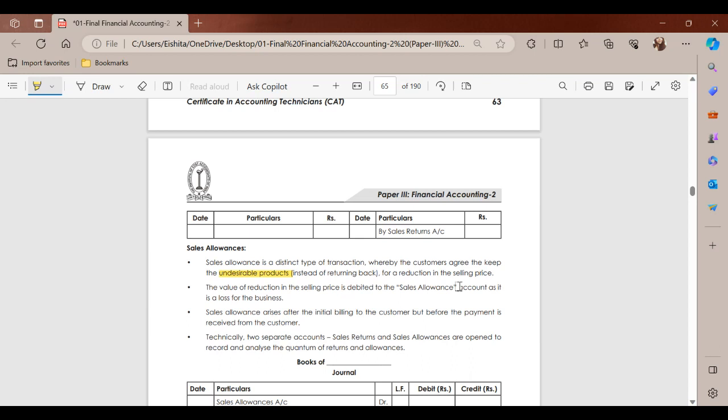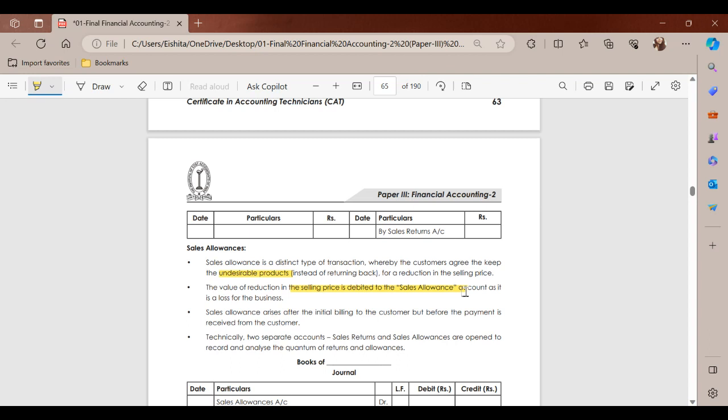The reduction in the selling price is debited to the sales allowance account, as it is a loss to the business.